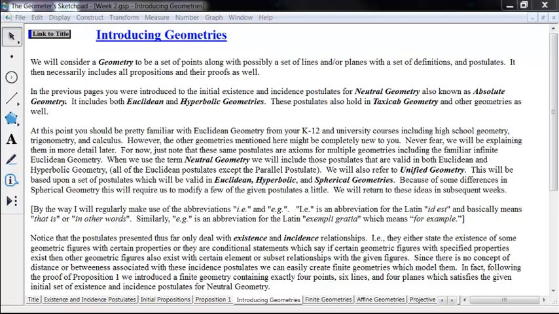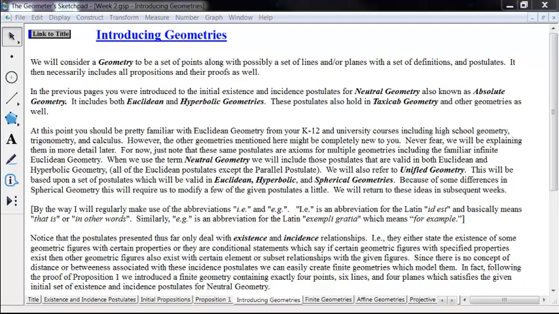When we use the term neutral geometry, we'll include those postulates that are valid in both Euclidean and hyperbolic geometry, which turns out to be all of the Euclidean postulates except for the parallel postulate. So you've already done some reading about the development of these geometries and the attempts to prove the parallel postulate actually led to hyperbolic geometry.